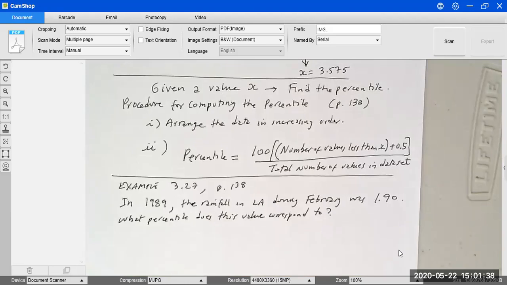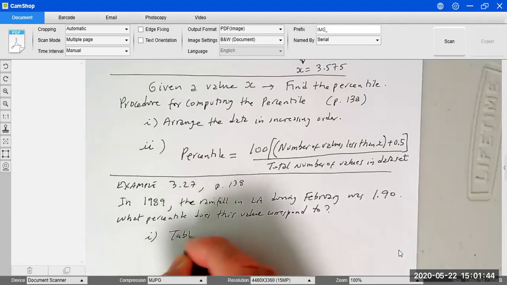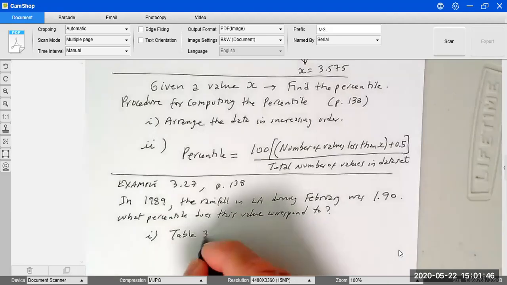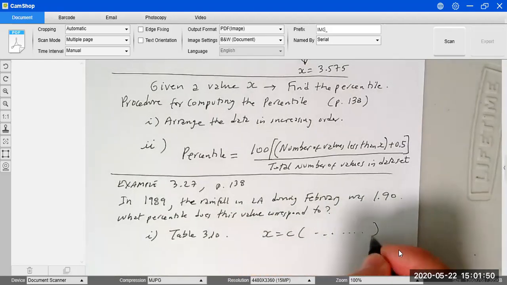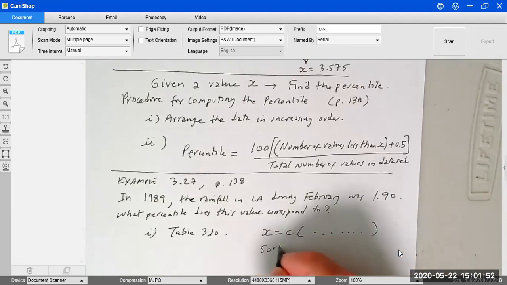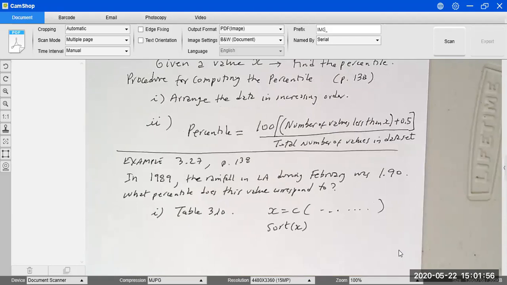What is its position? So again, we're going to use table 3.10. It's already ordered, otherwise you need to enter your data set, and then use sort of x to have your list in order.